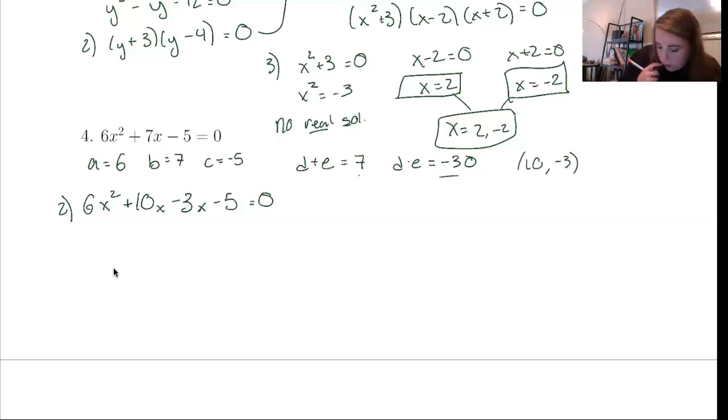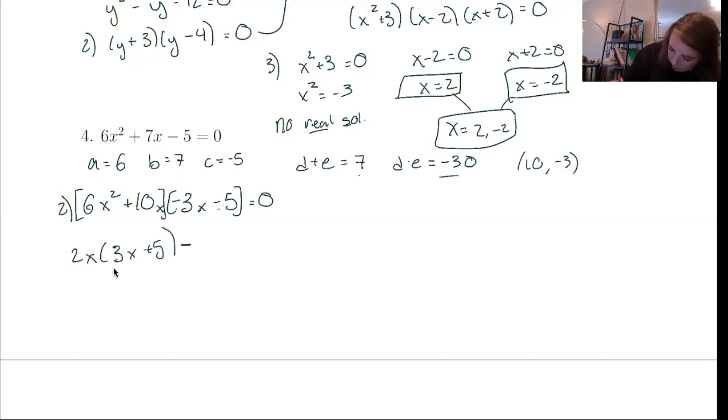So factor by grouping. There's an x and I think 2. So I'm left with 3x plus 5. Both of these have a negative, so it's going to help if I pull out one of those negatives, 3x plus 5. Okay, great. So 3x plus 5 and 2x minus 1.